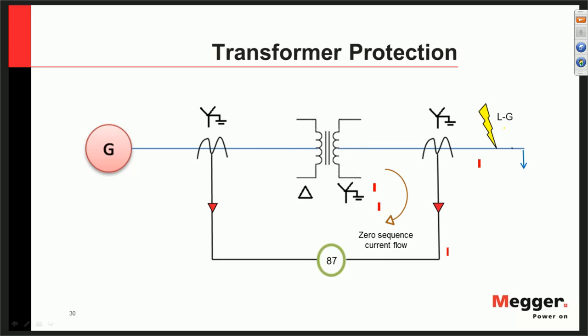So I need to eliminate the zero sequence. If you didn't know the concept of sequence components, you would never have imagined what is happening in case of external faults for a delta Y transformer, and why the transformer is getting tripped.